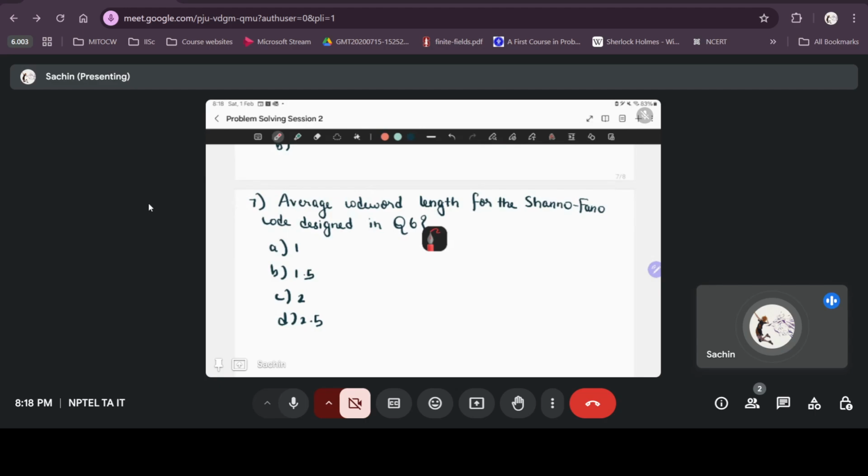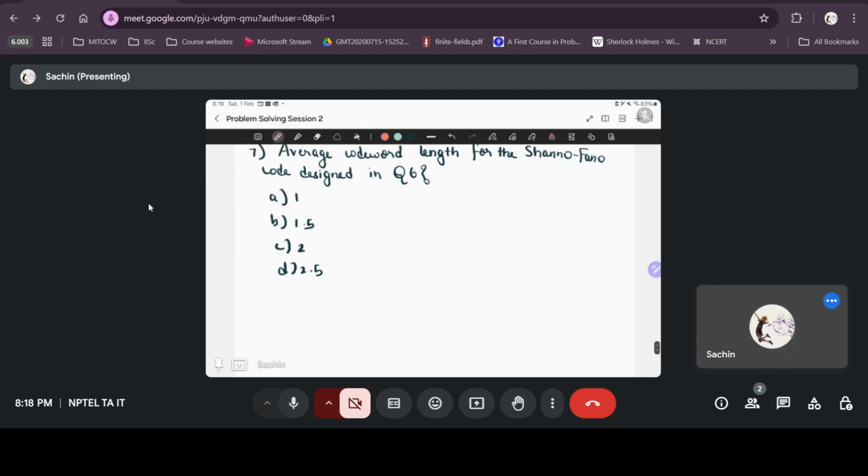The solution is the average code word length E of W, that is the expected value of W, is the summation of Wi times the probability that message UI is transmitted for all messages, and there are 6 messages.